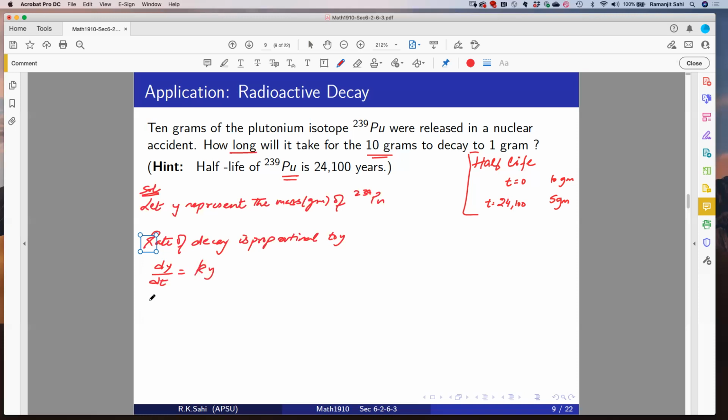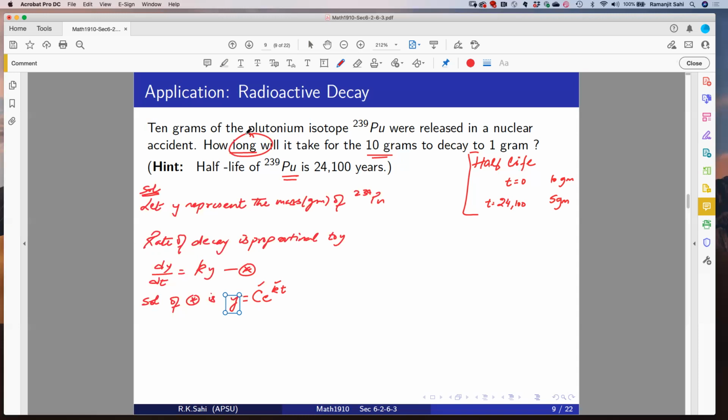Now we also know the solution is given by Y equals C e to the power kt. To find how much time it will take, first of all, we have to find C and k. When the nuclear accident happened, 10 grams were released.